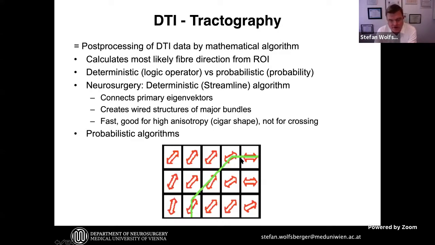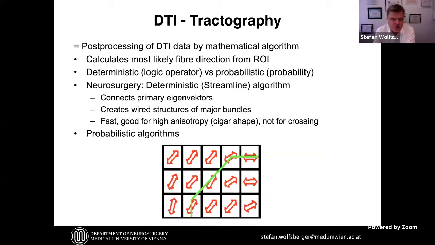So you see for each voxel the primary eigenvector, and every eigenvector is connected to form a fiber. Remember, we can change the angle that the fiber tracking algorithm uses between voxels. And of course, we can change our anisotropy threshold, which means that we can change the number of fibers that we have, in fact.